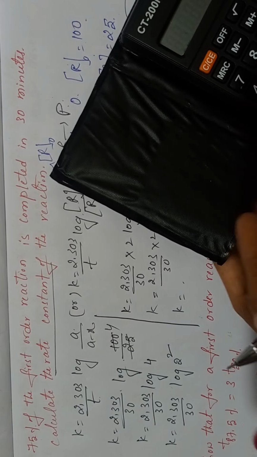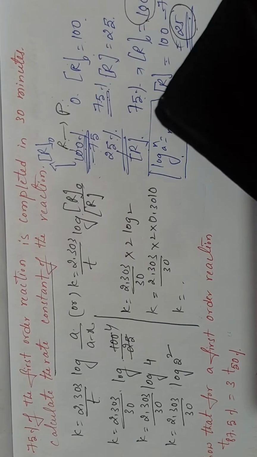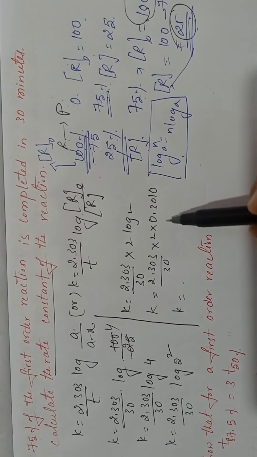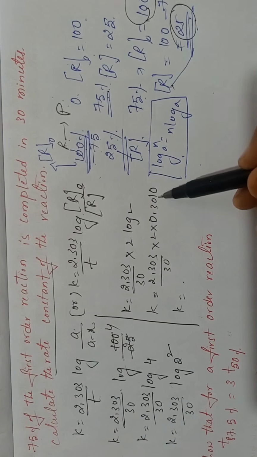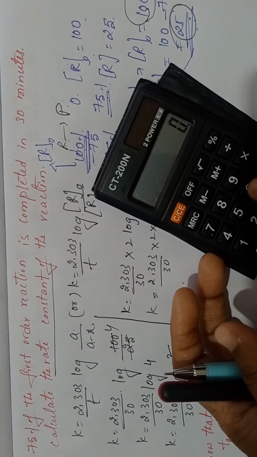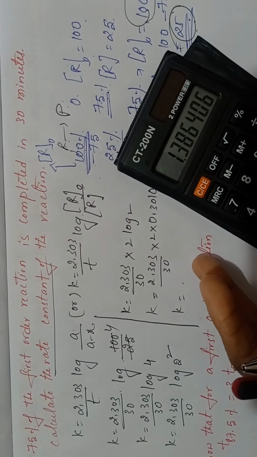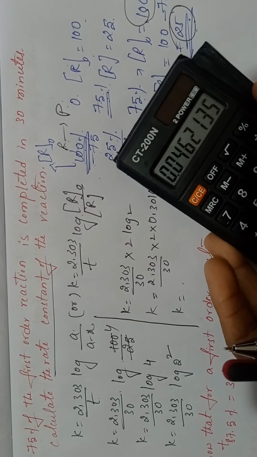See, 2.303 into this value, 0.6020. Correct? 2.303 into 0.6020, right, divided by 30. How much?